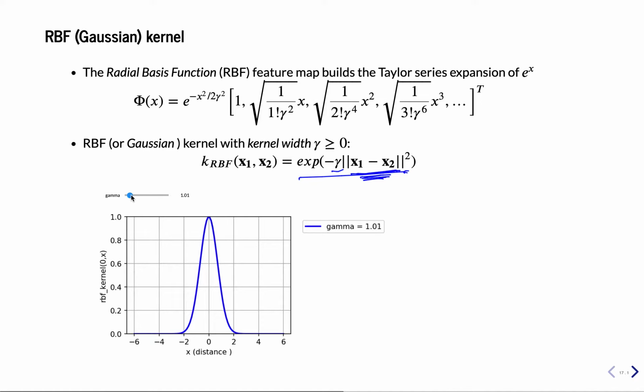Now, if I make gamma smaller, then my kernel becomes more wide. And our point here will have a larger influence. If we make our gamma very large, then this bell shape becomes very narrow, and our point will have only an influence just around its own location and nowhere else.